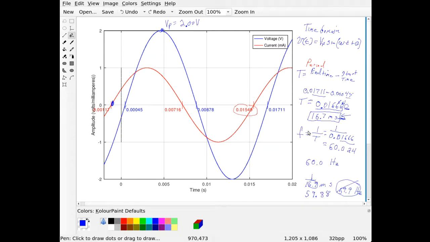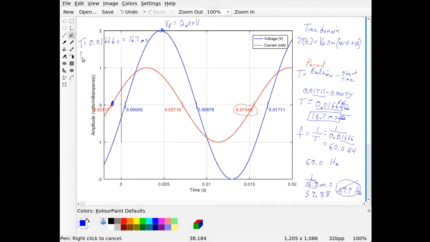All right, so that gives us the frequency, and I'm running out of room on the screen, so let me write these over here, and then I'll clear off that side. So we calculated the period to be 0.01666 seconds, which is 16.7 milliseconds, the value we're going to put into Blackboard.